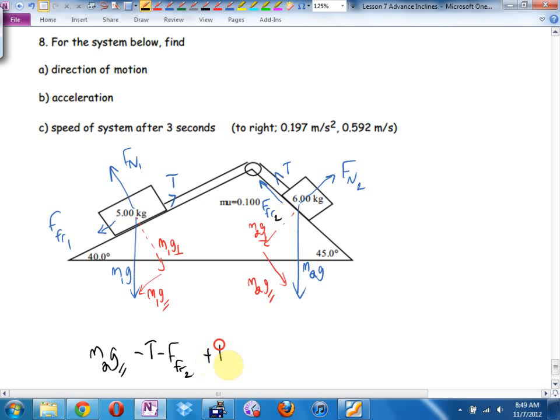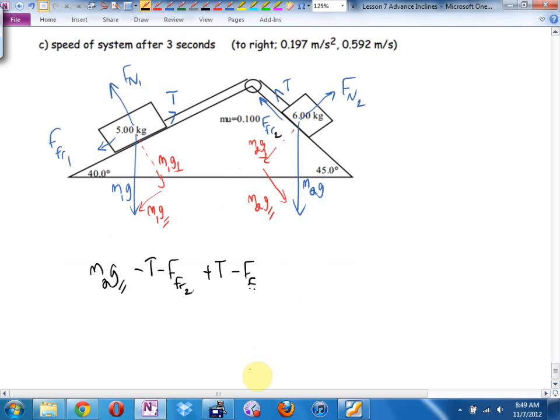Plus tension. Yay, tension cancels. Minus friction force number 1. Come on, pen. Doesn't want to work right there. I got a dead spot on my screen right there, I think. Oh, and also minus M1G parallel. I almost missed that.